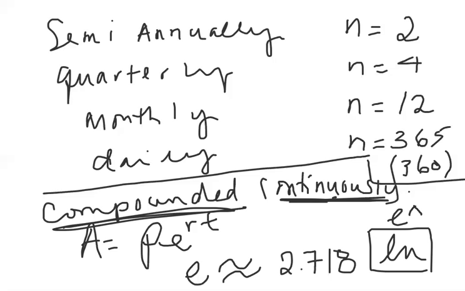Unlike the previous formula, where we had a certain number of times per year the interest was being calculated, here there's no number. It's just being calculated all the time. So that is P times e, and then R and T are exponents? Yeah. Okay, I just want to make sure I write it correctly. Thank you. P times e raised to the RT power.